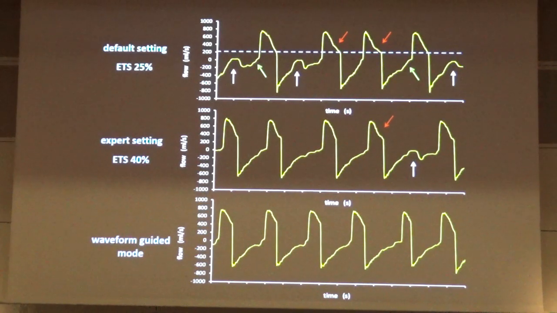So he decided to increase the sensitivity of the expiratory trigger, moving from 25 to 40% of peak inspiratory flow. And this was effective in improving the picture. Anyway, the problem for us as physicians is that we can select just one value for the expiratory trigger sensitivity, whereas the automation can adapt cycling off to patient needs on a breath-by-breath basis.